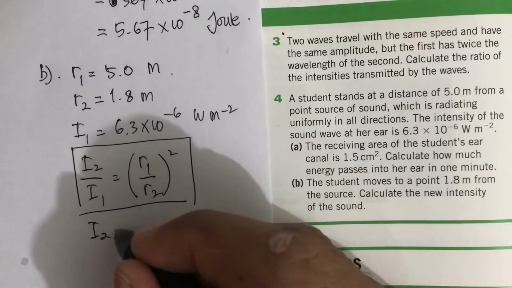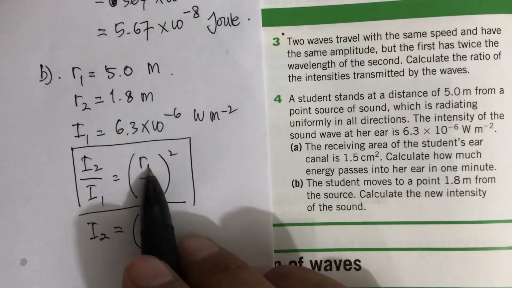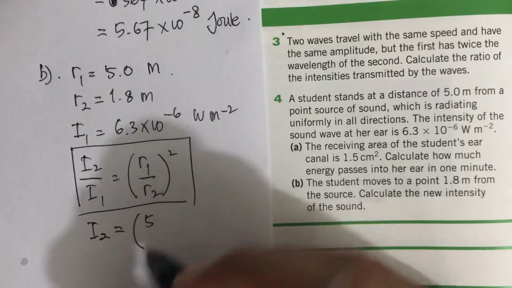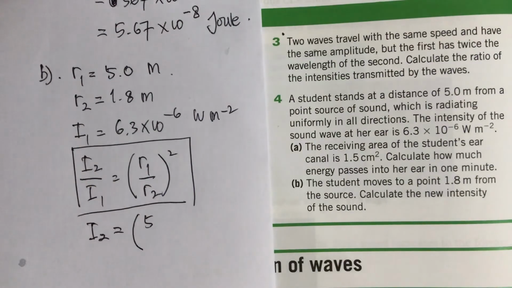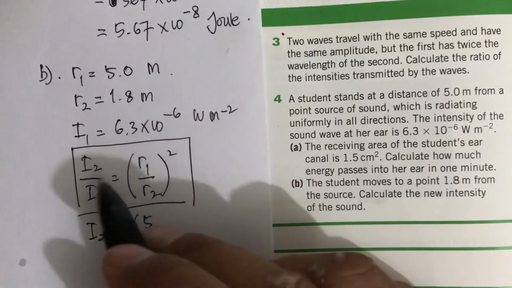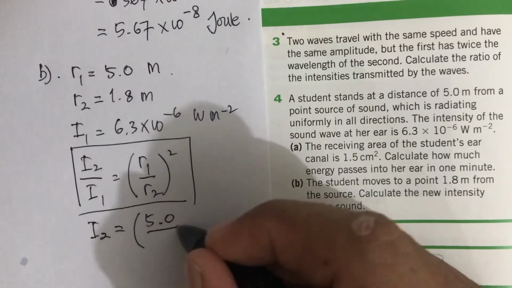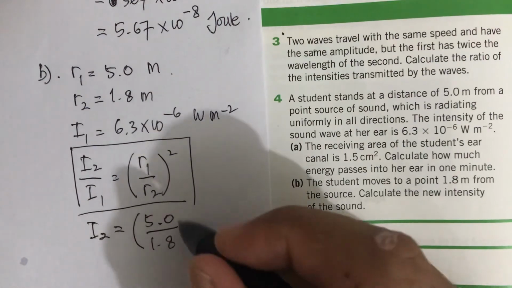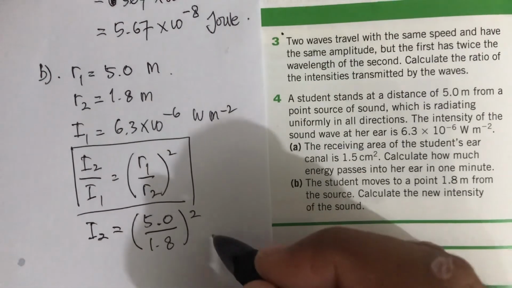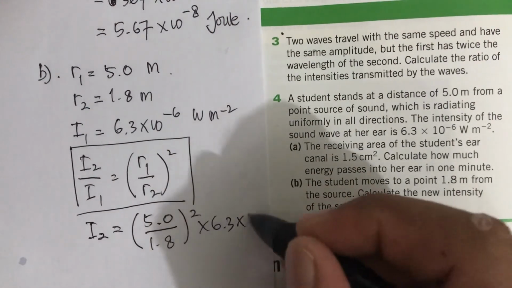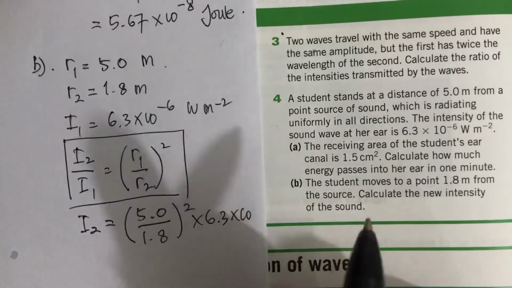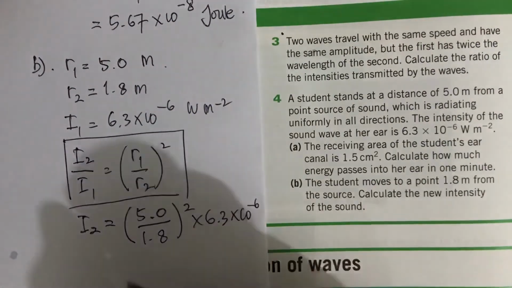So I2 is 5.0 divided by 1.8, squared, times 6.3 times 10 to the minus 6.